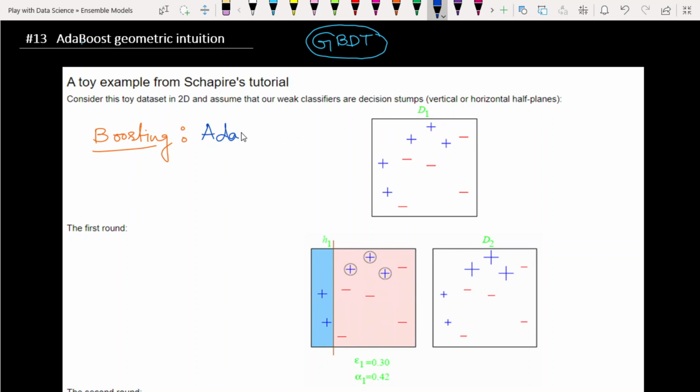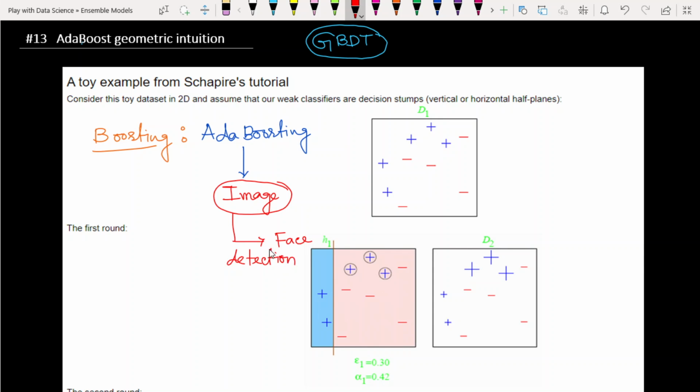Mainly, this AdaBoosting technique is used for image processing, to classify image data, and mainly for face detection. For face detection, this AdaBoost technique is mainly used.